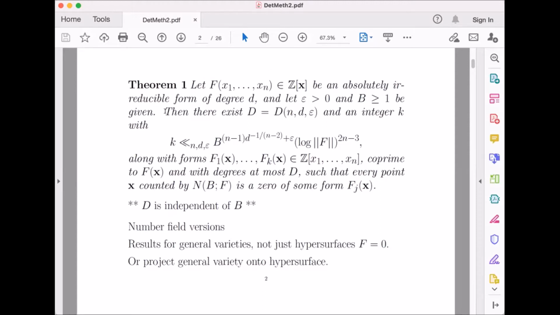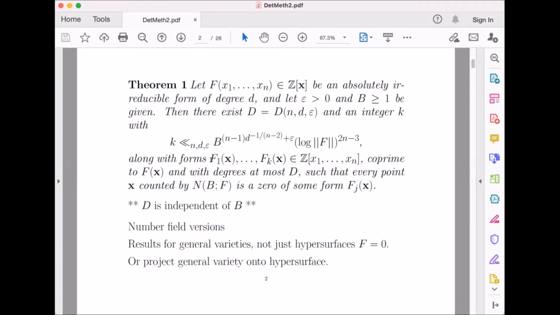And what the determinant method shows is that there is some large degree bound capital D that depends on the number of variables n, the degree of the original form f, and this small positive epsilon. And there's an integer k, which is bounded in this slightly complicated way. We'll come back and look at that bound in a moment, but there's a bound for the integer k that depends on the box size B.